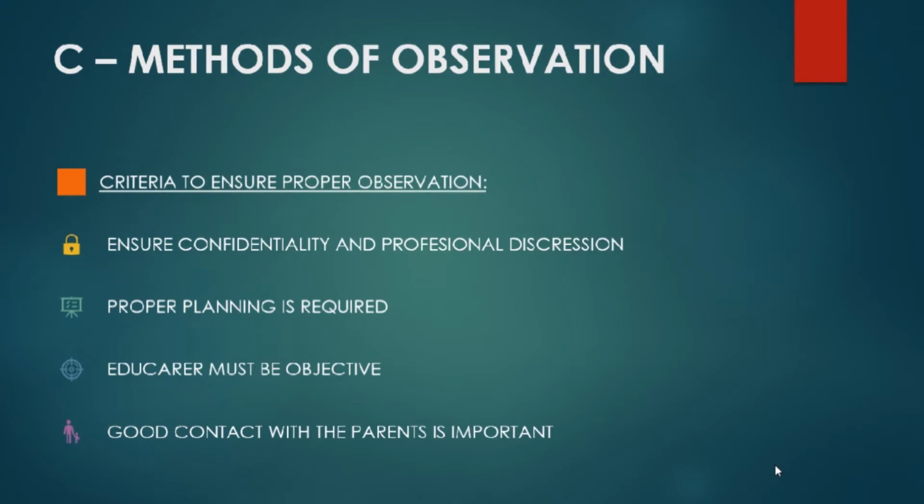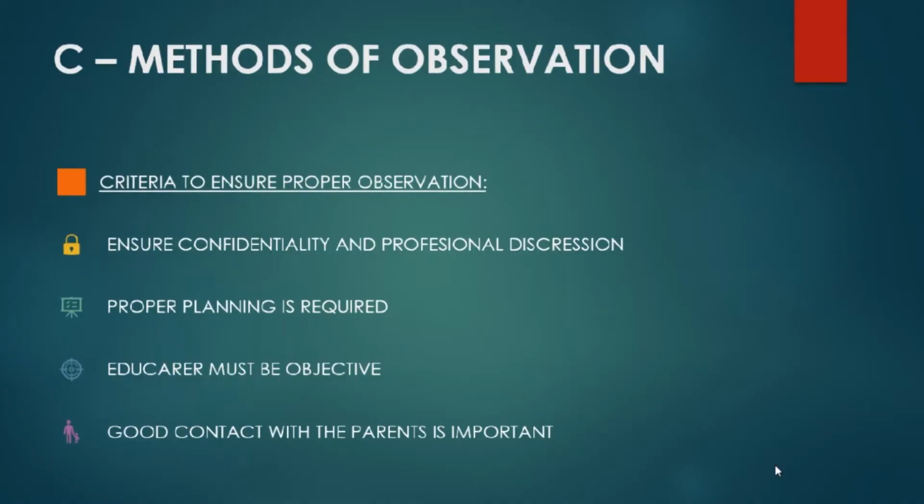You always have to maintain contact with the parents, because it might happen that there is something that is disturbing at home, and when the child comes to the daycare center, they might exhibit behavior or mannerisms that you don't understand, and it might influence your observation report.